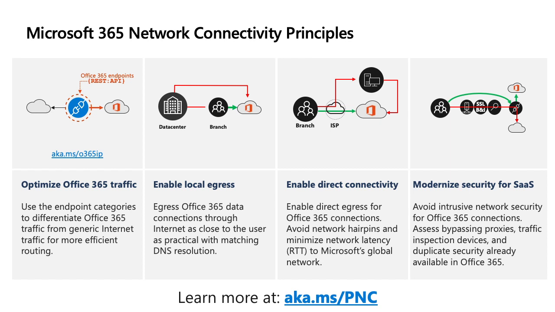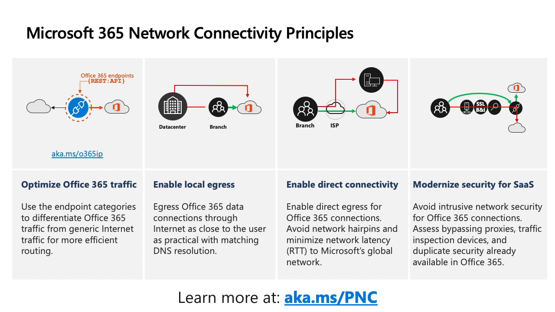The network connectivity principles state that you should be able to use the Office 365 endpoint categories to differentiate Office 365 traffic from untrusted generic internet traffic and define an optimized network path for direct connectivity. You should also be able to provision local egress for remote users.